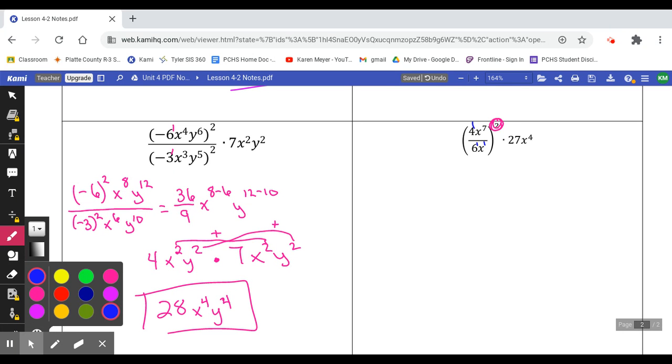So remember, power to a power, you multiply. So 4 to the 2nd, x to the 14th. And do the same thing on the bottom because this parentheses is over the entire thing. So that would be 6 to the 2nd and x to the 2nd.